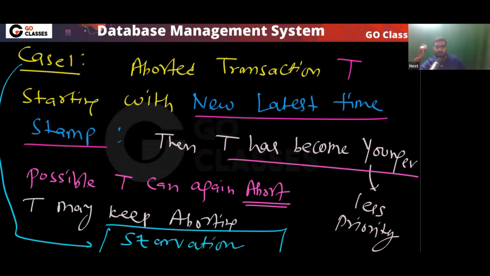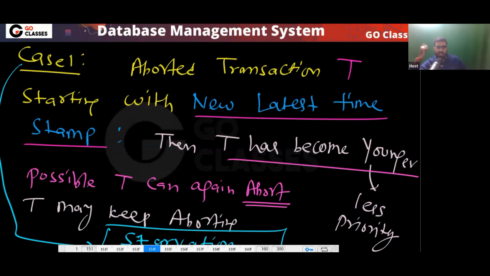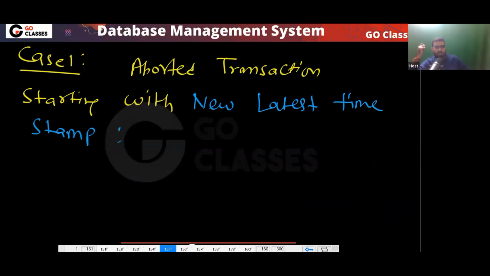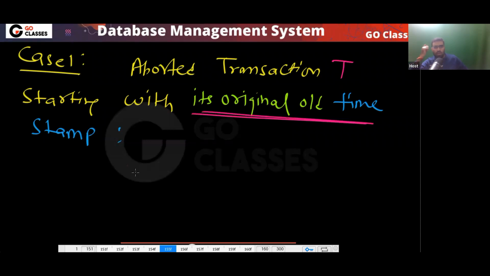Now in case two, the aborted transaction starts with its original, old timestamp. Then what will happen?